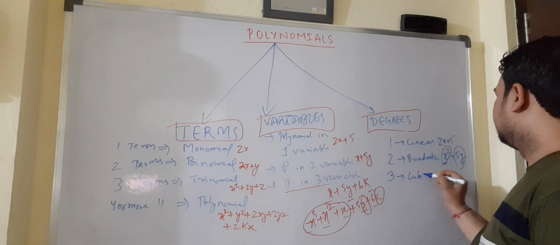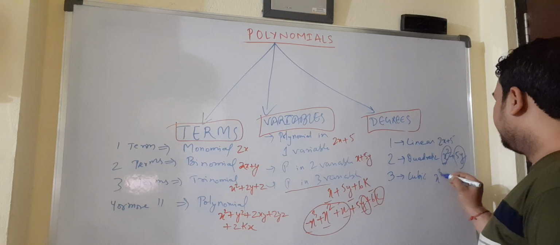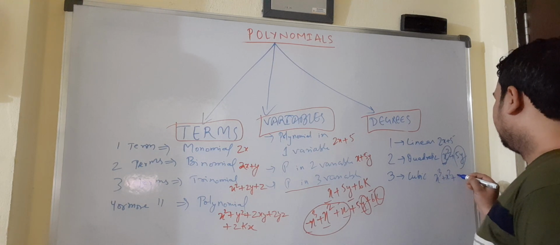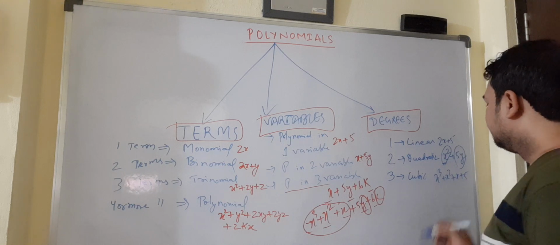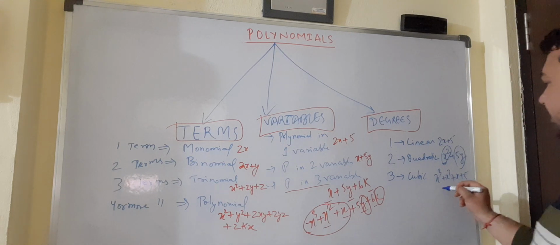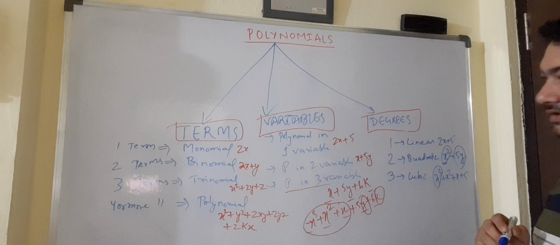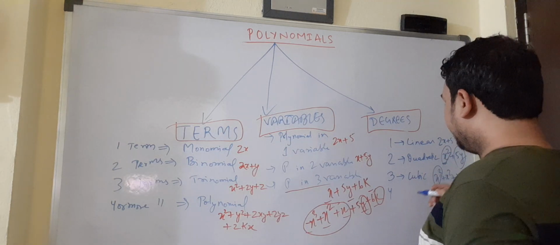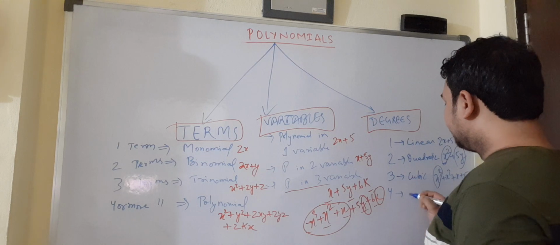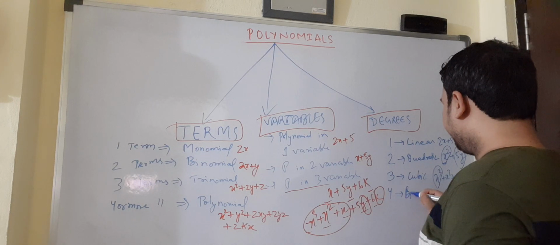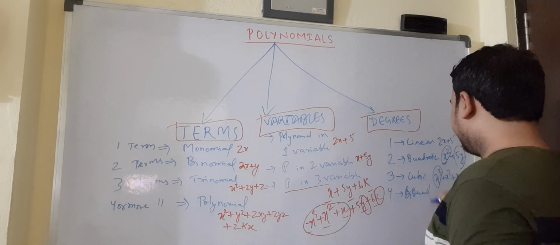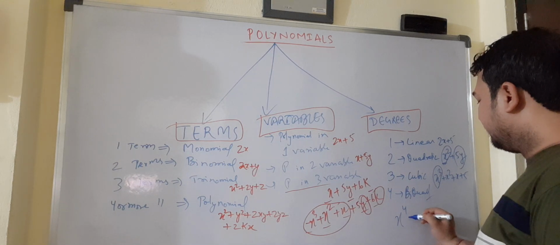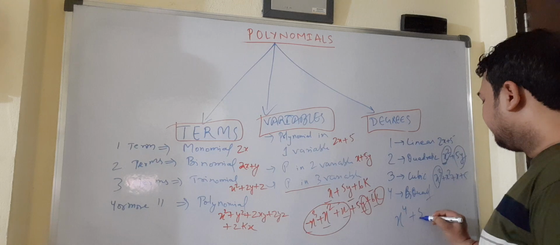Cubic: x cube plus x square plus x plus 5. Highest power of variable is 3. Linear, quadratic, cubic, then degree is 4, then it is biquadratic. x to the power 4 plus 5.